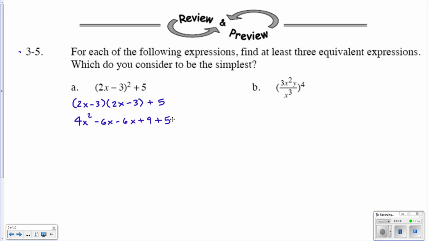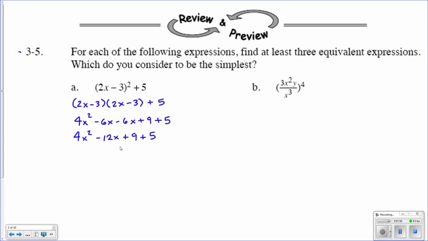There's another equivalent expression. Let's combine our like terms here in the middle. We'd have 4x squared minus 12x plus 9 plus 5. That is a third equivalent expression.